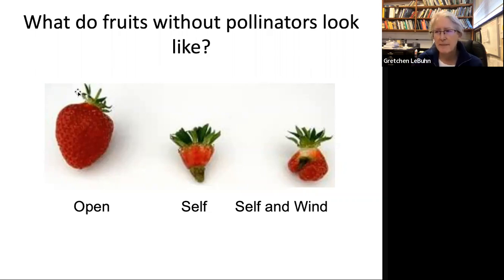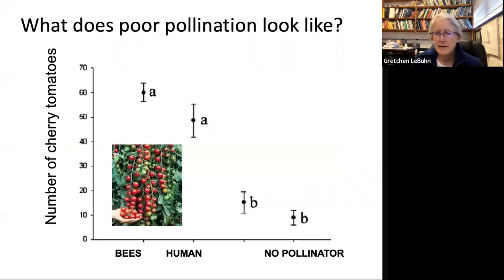We also see that the abundance of pollinators affects the abundance of fruits. These are data produced by Claire Kremen, looking at the number of cherry tomatoes produced when you prevent pollinators from coming in.